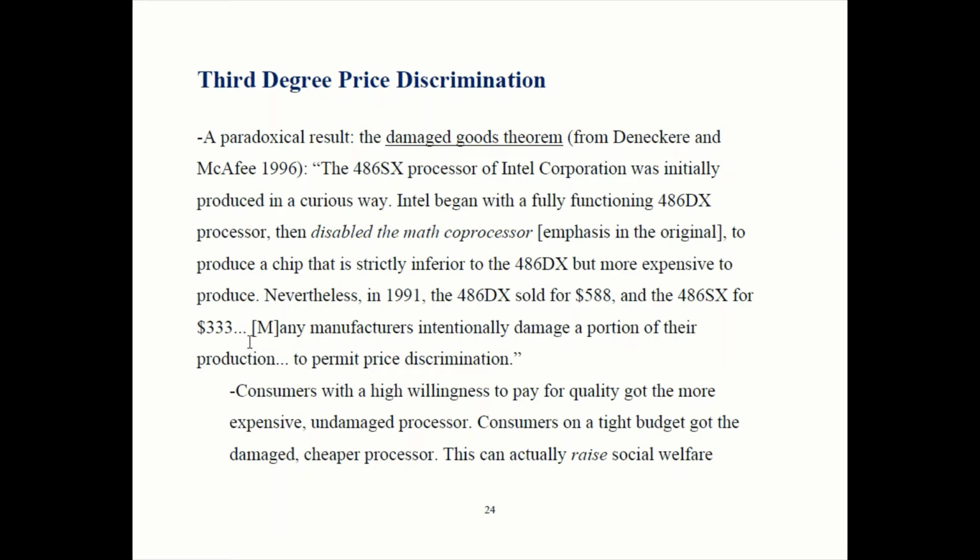The folks who get to buy the cheaper good are better off because the cheaper one is less expensive than it would have been if there had been just one chip sold at one price. Normally you think if you destroy something or damage something, that's a bad thing. Surprisingly though, it can actually be beneficial for society, for producers, and possibly even for consumers.